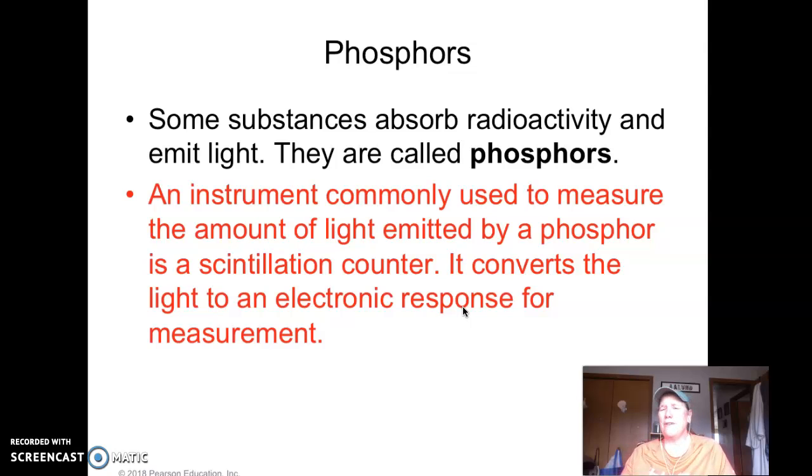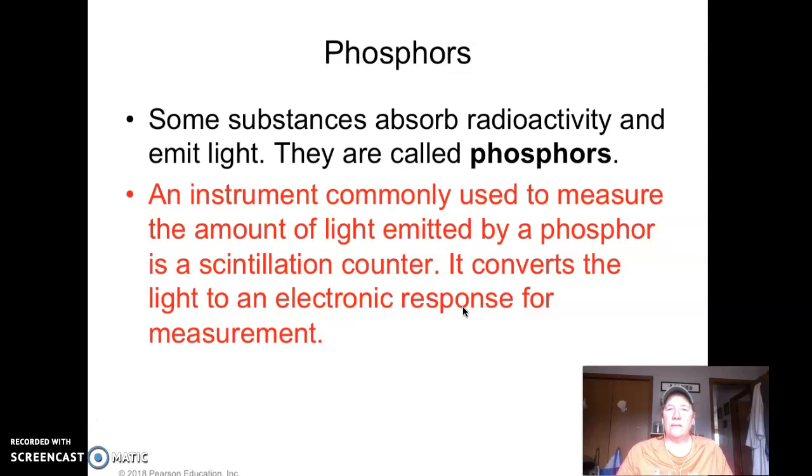Sorry, these aren't stuff I work with all the time, so I'm not very good at them. But anyway, it converts the light to an electronic response for measurement. A spectrophotometer works like that. Stuff comes in and it takes the amount and changes it to electric current, so then you can read it. So it's going to convert light to an electronic response so that you can actually measure it.